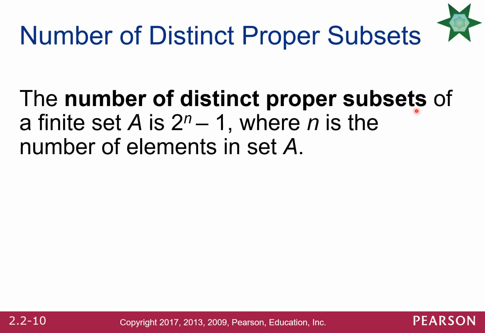The number of distinct proper subsets of a finite set A is 2 to the power n minus 1, where n is the number of elements in set A. So previously we saw that the number of distinct subsets is just 2 to the power n, but the number of distinct proper subsets is 1 less than whatever 2 to the power n evaluates to. So if we came up with 32 as our possible subsets, then proper subsets would be 32 minus 1, 31.